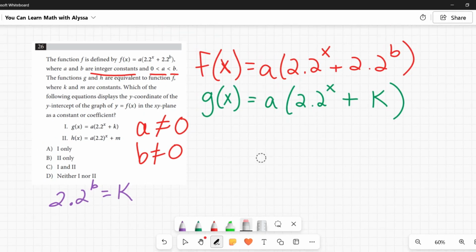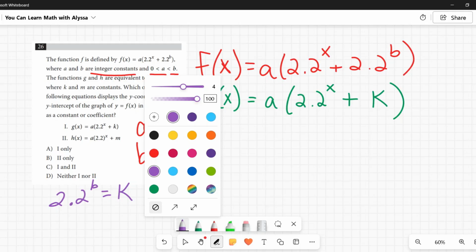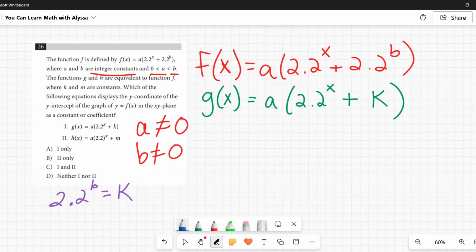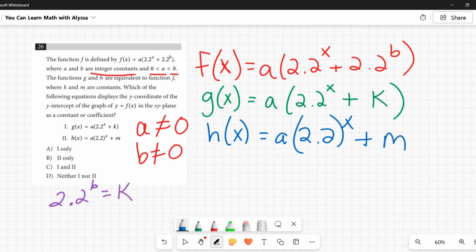Let's go back in for h of x. I'm going to pick a different color here. Let's just go dark blue. All right, so h of x is equal to a times 2.2 to the power of x plus m. In order to compare these now, I'm going to need to distribute, and I'm going to compare these two right here.